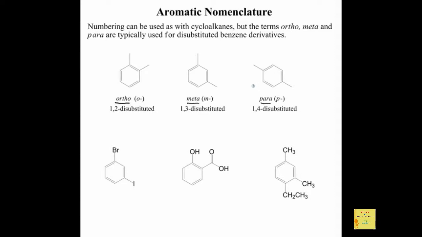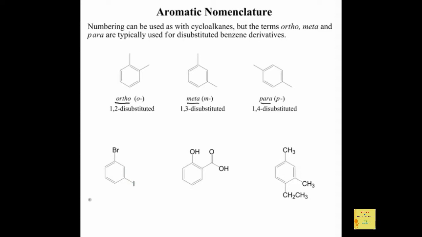When we start getting into aromatic chemistry and learning about the reactions of benzene and benzene derivatives, we're going to be using the terms ortho, meta, para again and again. So you're going to eventually become very familiar with these. And they can be used to very easily name aromatic compounds if we use some common names. So for example, we have a bromo and iodo here, and they are 1,3 to each other.